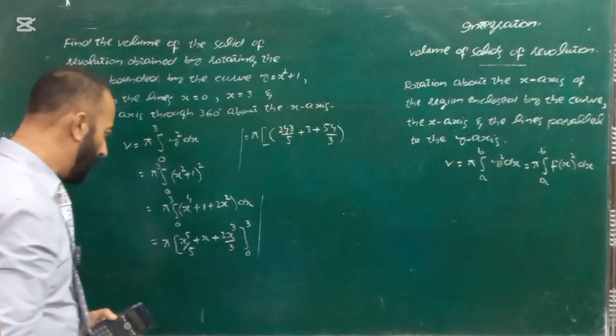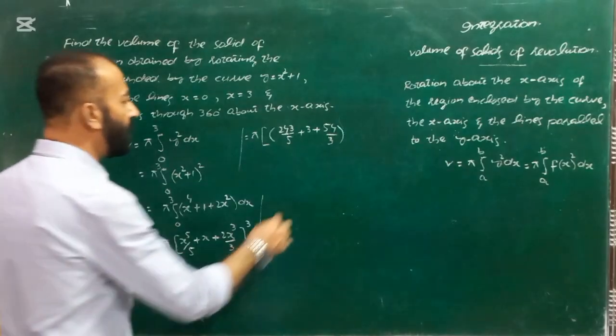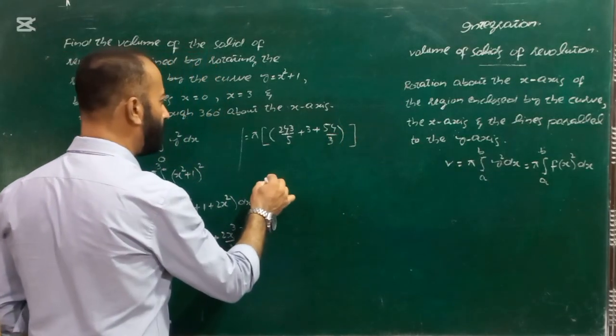This is the upper limit applied, and when we apply the lower limit, that is 0, every factor will be 0. So this is the thing which is obtained.